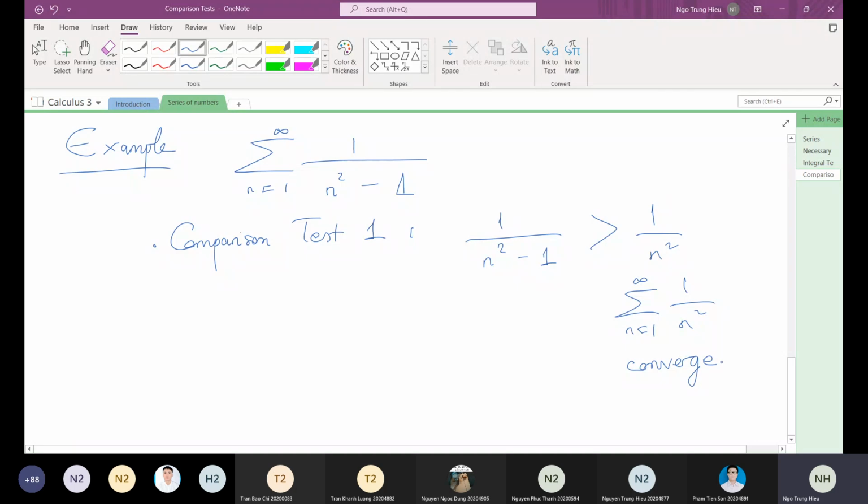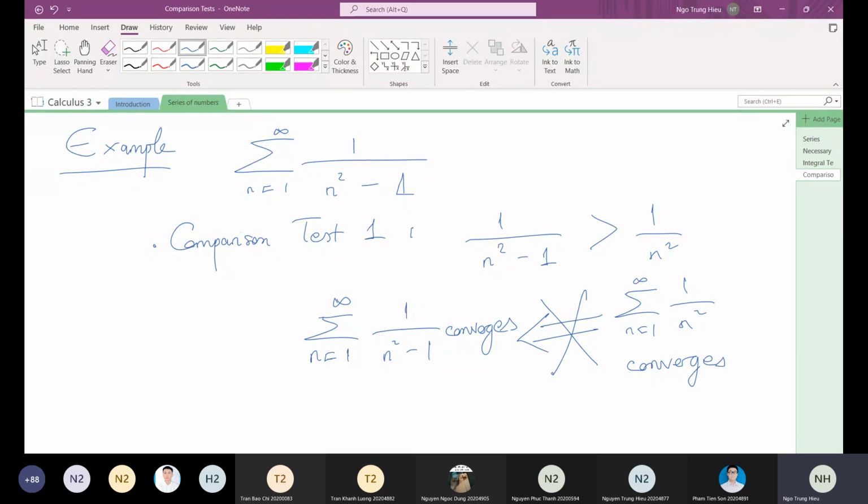But using the first comparison test, we cannot conclude that the sum of 1 over n squared minus 1 converges, because the small series converging doesn't imply that the large series converges.